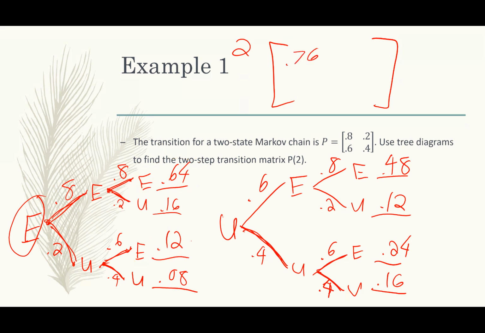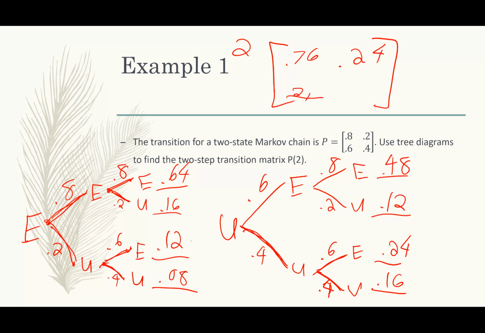All right, the 1-2 spot here is employed to unemployed. So employed to unemployed is 0.16 plus 0.08, which makes 0.24. All right, I'm getting to something. Don't worry. I know I'm taking my time, but I am going to make a really good point coming up soon.